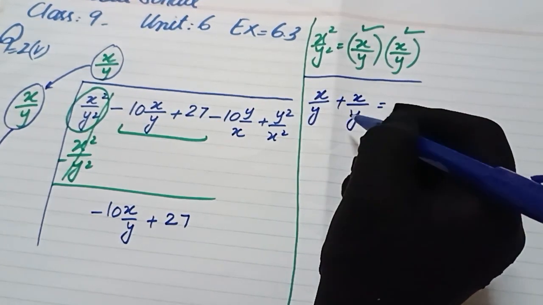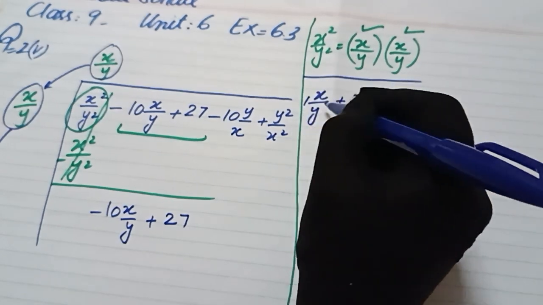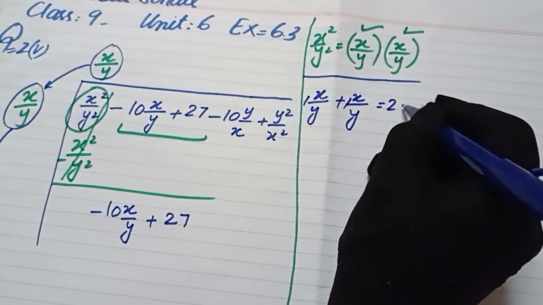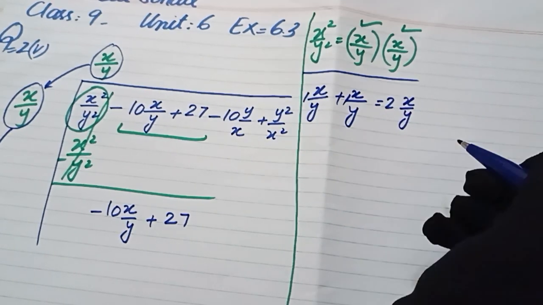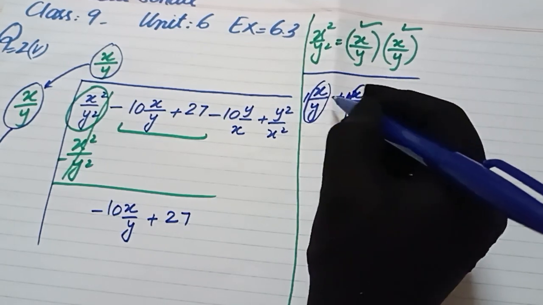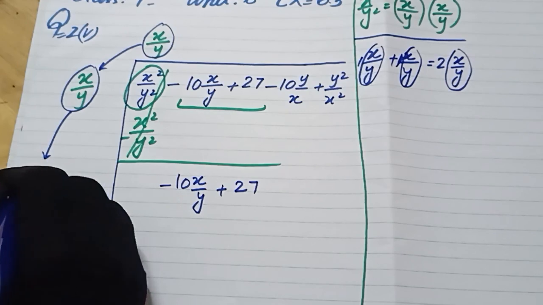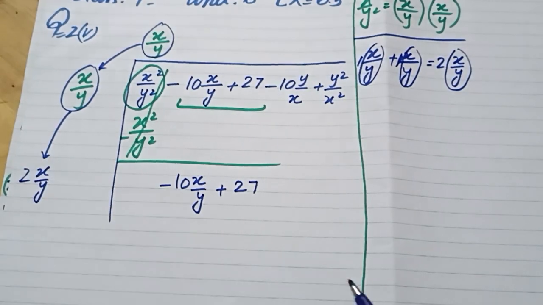In addition, if the terms are like terms, we add their coefficients: 1 plus 1, 2 x over y. Considering x over y as one variable, it is 2 times x over y.